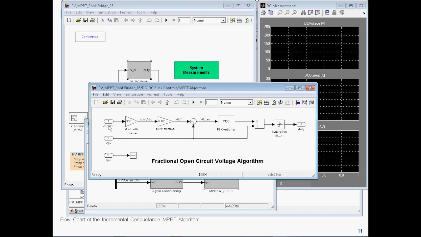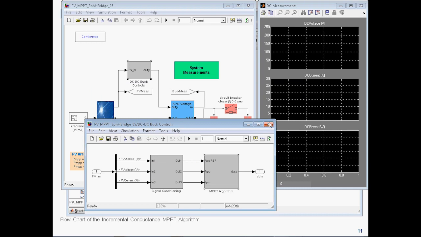This requires you to measure a reference, which is done based on an individual cell attached to each one of the panels, used as a reference cell to measure the open circuit voltage. In this case I'm using about 82% of that open circuit voltage for my calculation, and what I'm trying to do is make my actual voltage go to that maximum power point voltage.